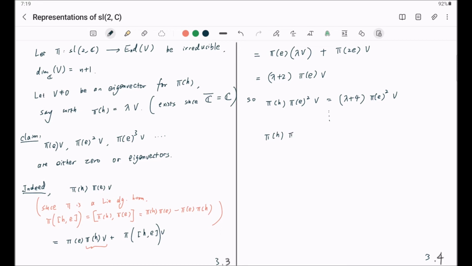Pi of h applied to pi of e raised to the power k applied to V is lambda plus 2k times pi of e raised to the power k applied to V.